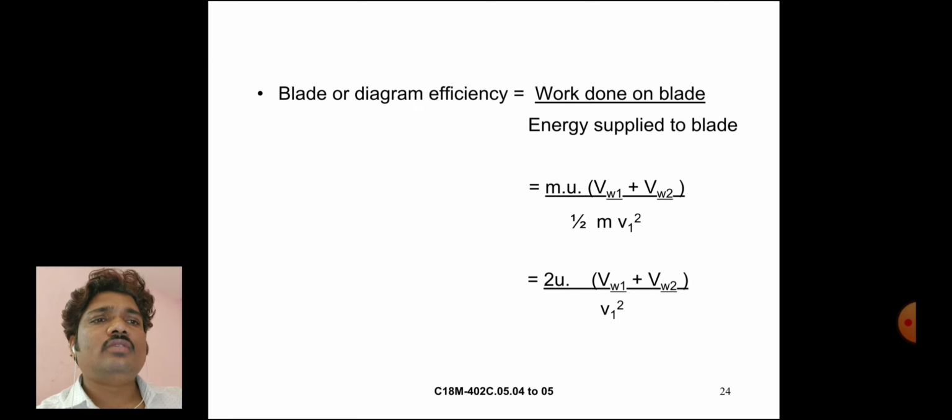So efficiency is 2U (VW1 plus VW2) by V1 squared, as m is cancelled in this equation.